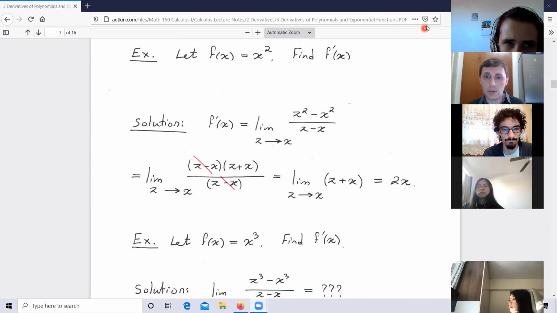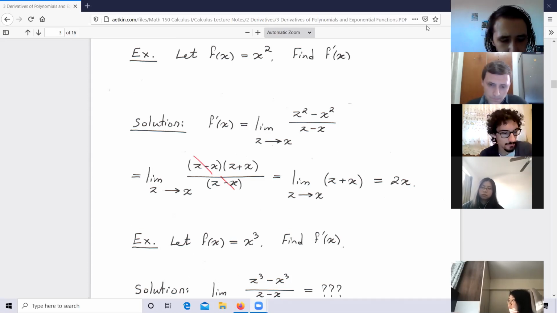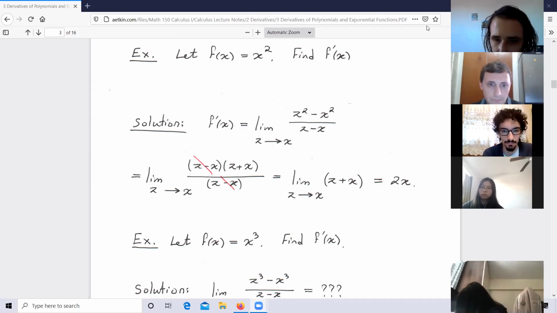Can you explain why? So calculate the derivative if you can by definition. Can you do that? We have very little time. We might not have time. Can you calculate by definition? Yeah, long division.